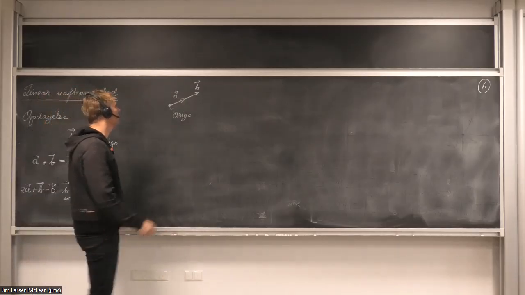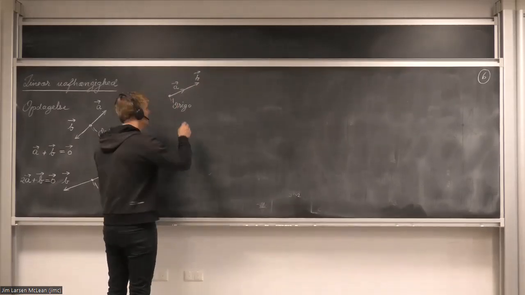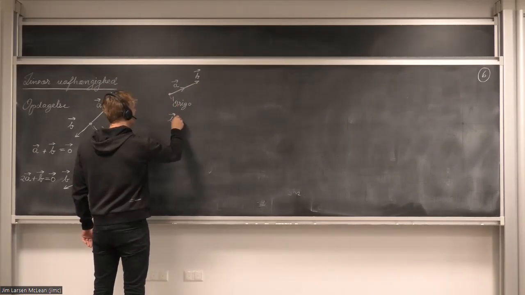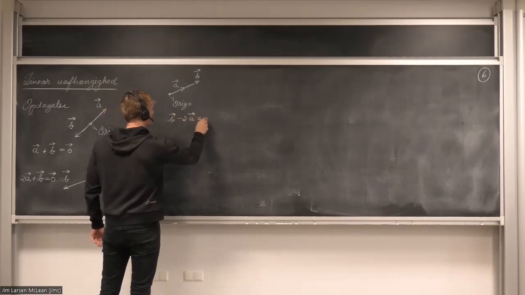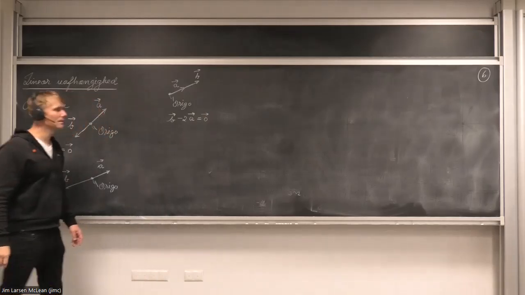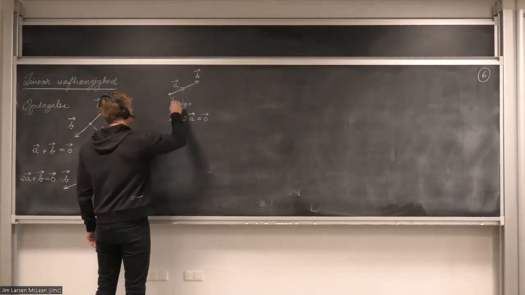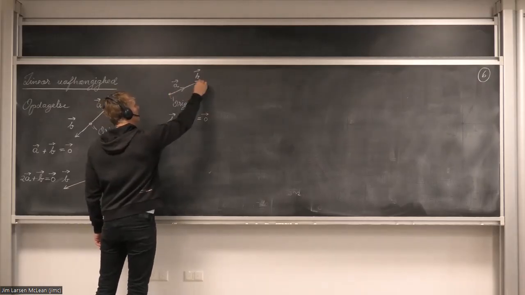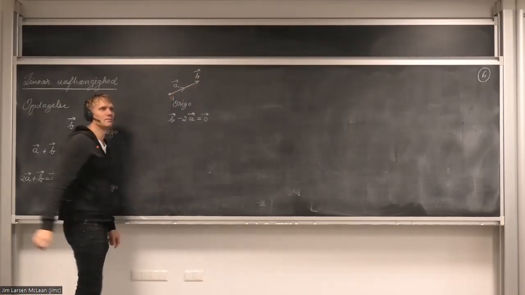We simply take vector B and then subtract 2 times vector A, for example. So that is vector B minus 2 times vector A. That gives the 0 vector. Are you with me on that? Because if I first say, go from the origin to B, and then take minus 2 times vector A, I end up at the origin.